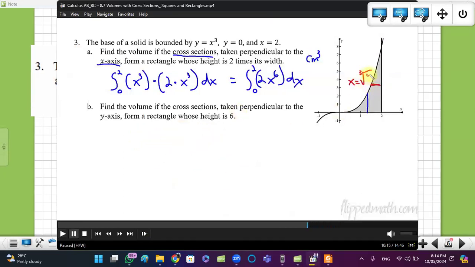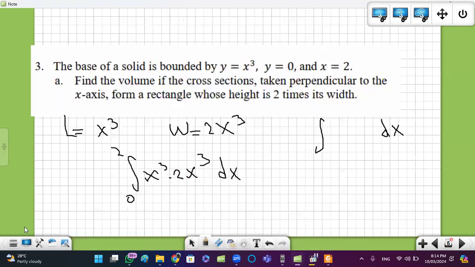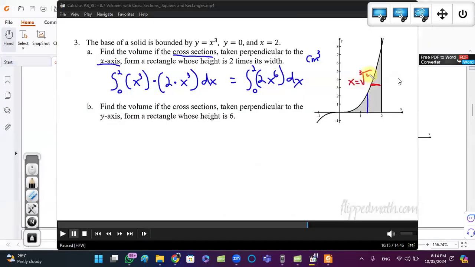Shabab, we did it wrong. Sorry, Shabab. Pay attention here. We did it wrong. I'm sorry, this is with respect to y. Why? Perpendicular to the y-axis, not perpendicular to the x-axis. If this were the x-axis, my solution would be correct. Be careful with this one.